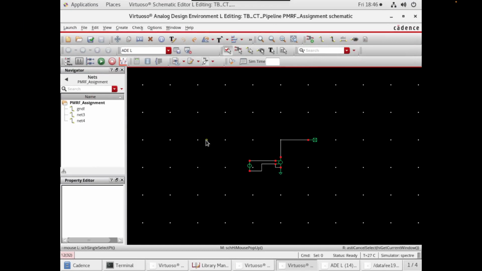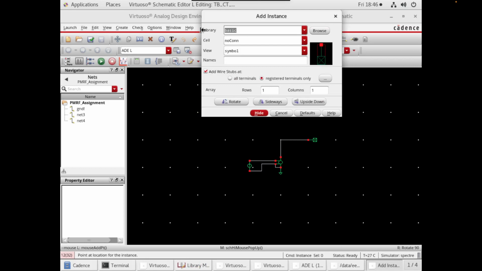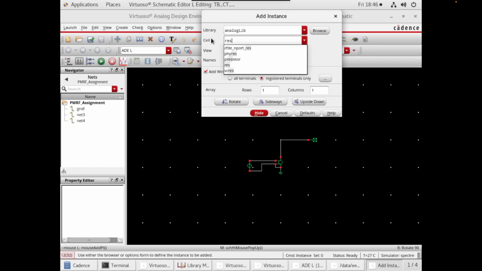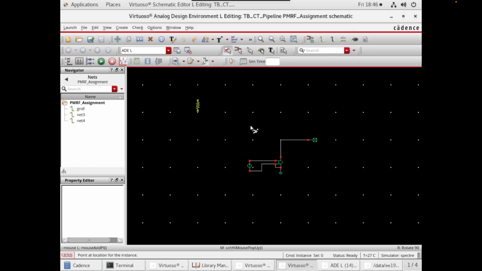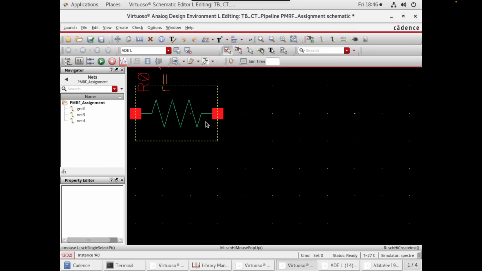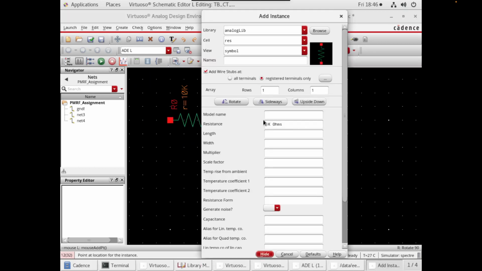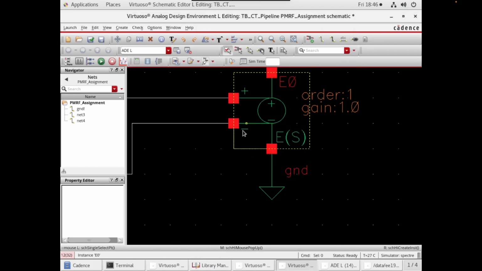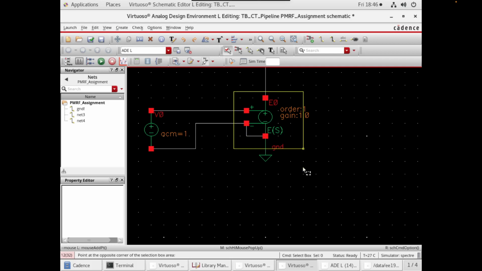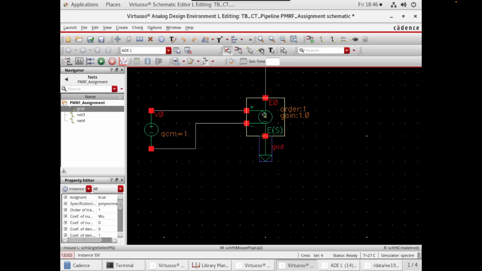So we will first of all start building. We will have a resistor, a 10 kilo ohm resistor, then an op amp. Initially we will have this op amp with the transfer function of omega u by s.